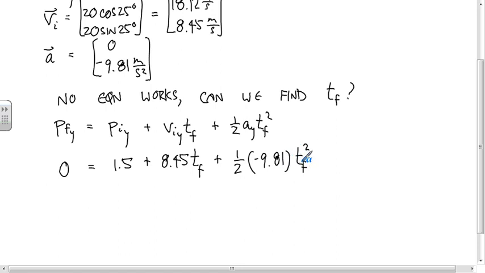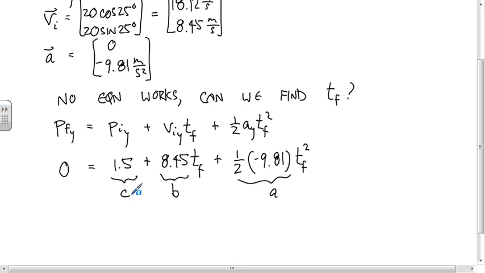Well, you could do it as a square root if all you had was a constant and something to the second power. This middle one, this linear term, is the one that makes it so you can't just take a square root. So if you ever have something squared and something with a linear term, that's when you have to use the quadratic formula. So this is A, this is B, and this is C.